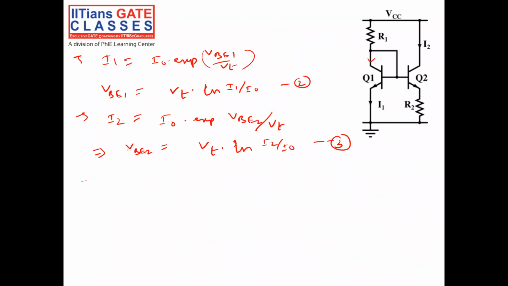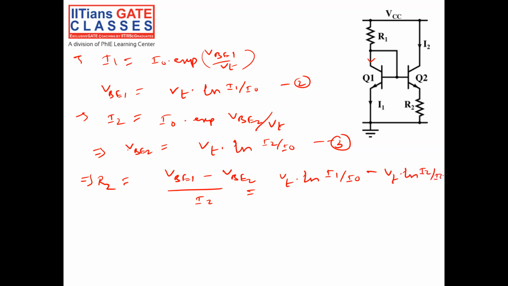This implies R2 is equal to VB1 minus VB2 by I2, which equals VT ln I1 by I0 minus VT ln I2 by I0, divided by I2.